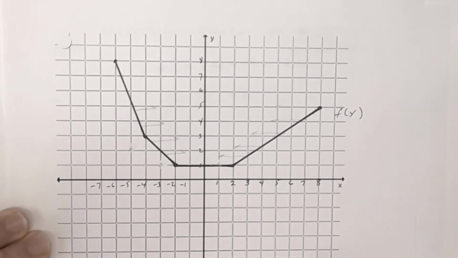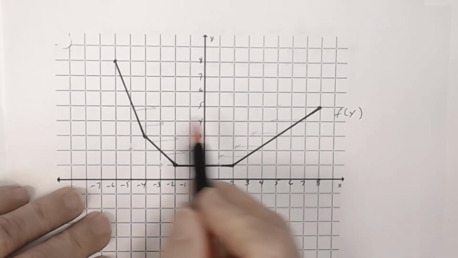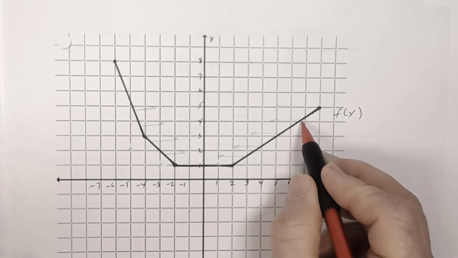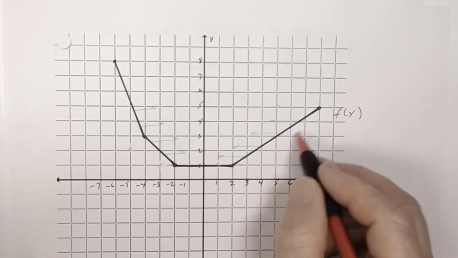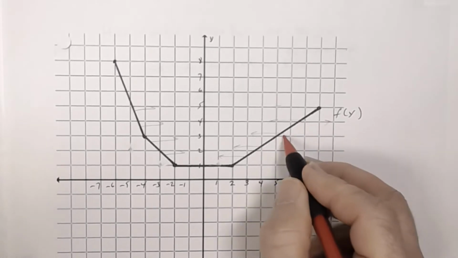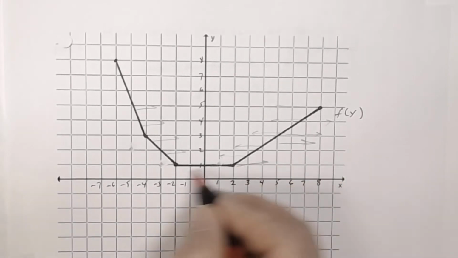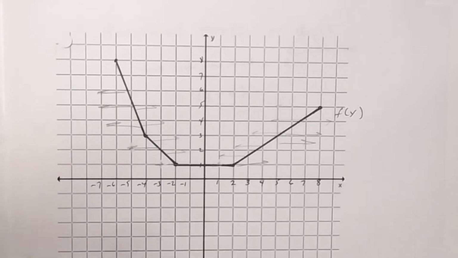And a horizontal stretch, so if you are stretching horizontally, remember this is vertical, this is horizontal. A horizontal stretch would be where you're taking every point on this function and moving it away from the y-axis. So every point is moving away from the y-axis.